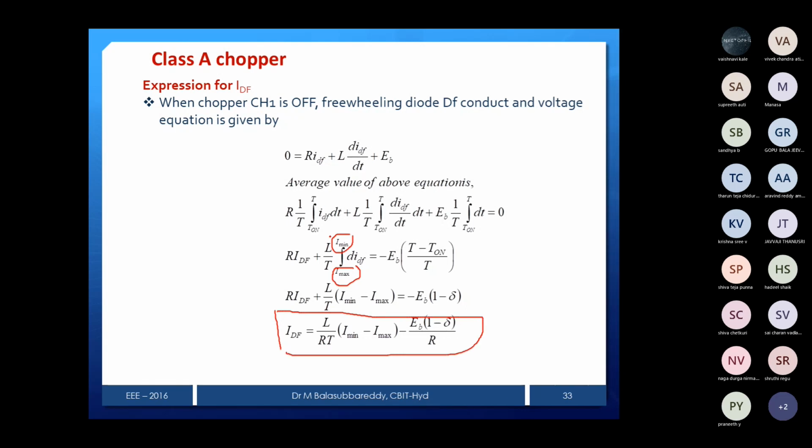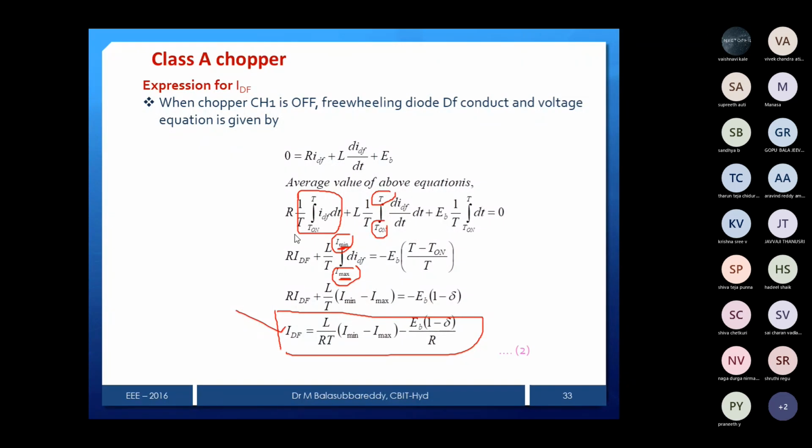Just see that this portion, I call it the freewheeling diode average, and you change over from T on to T, which is nothing but I max to I minimum, and the integration and differentiation will get cancelled out here, and you will get it directly as minimum minus maximum, and this is IDF.